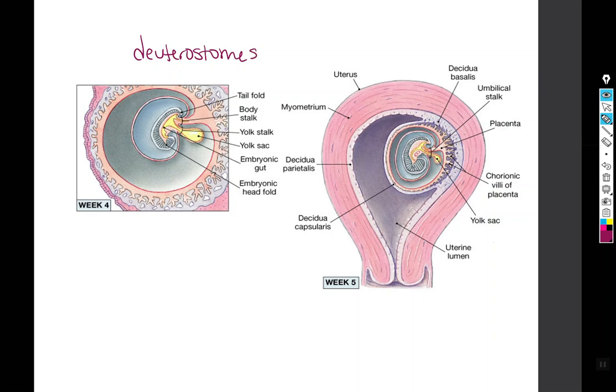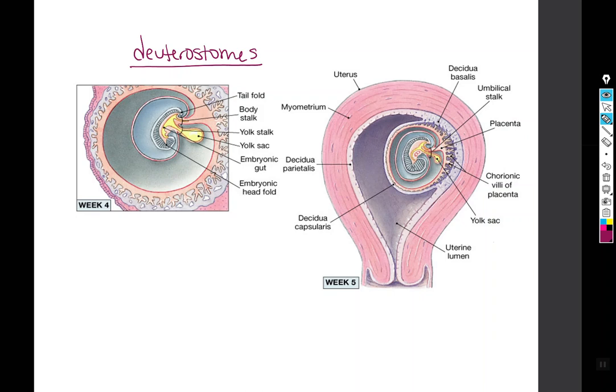So there are 2 possible ways in embryonic development for vertebrates to form, and one is mouth first, and one is anus first, or mouth second. So protostomes are organisms that form their mouth first. Deuterostomes form their anus first and their mouth second, and that is us. So came into the world butt first.